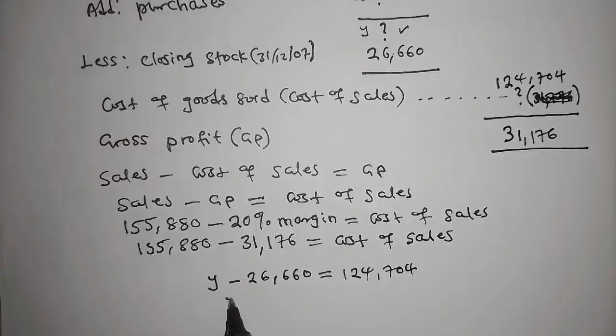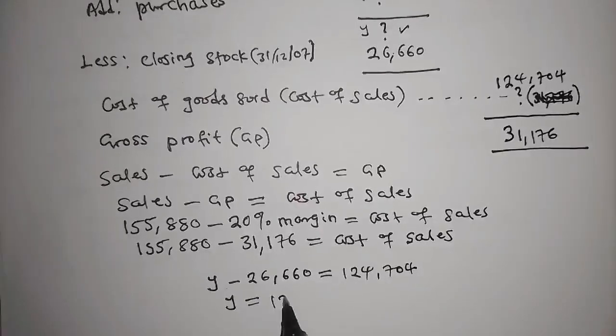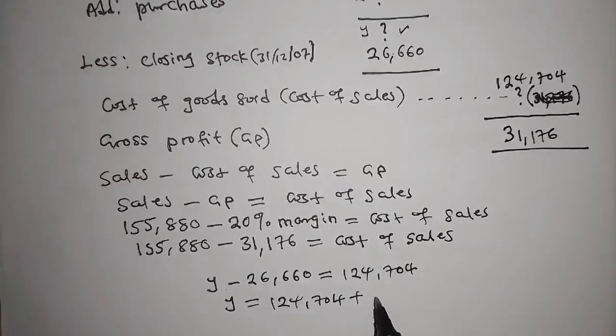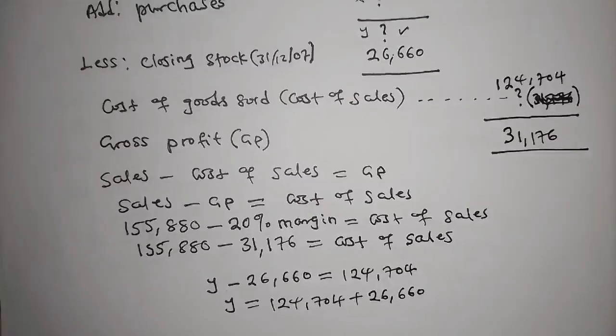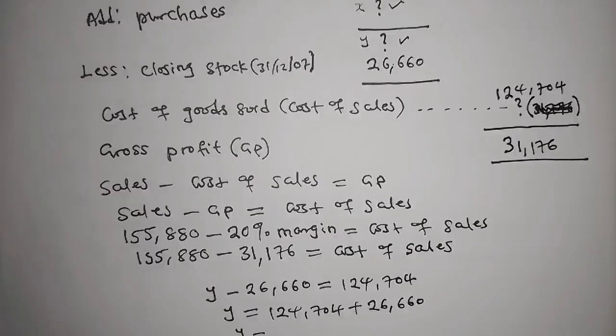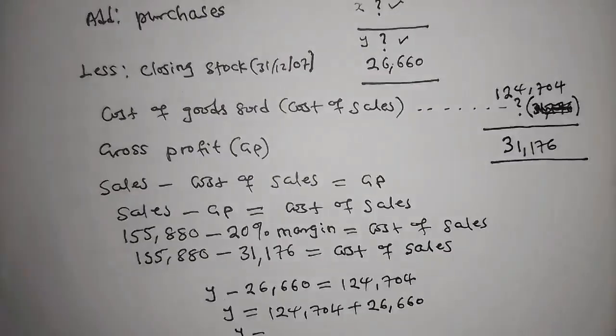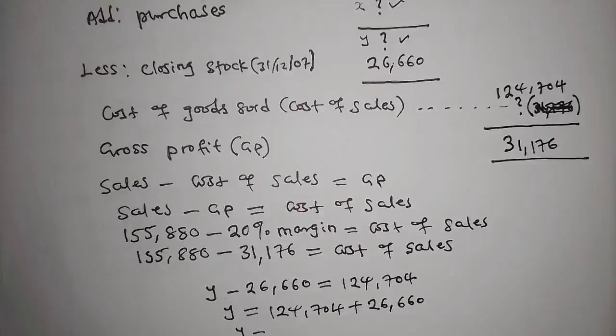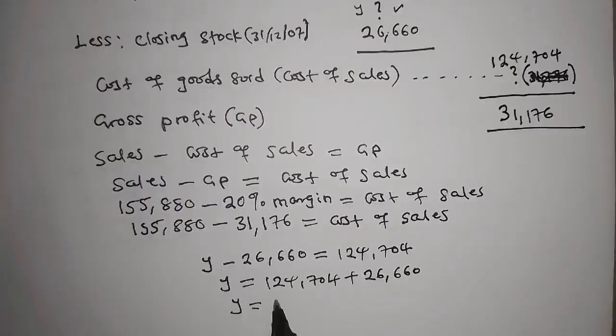So y is equal to 124,704 plus 26,660, which gives us 151,364.